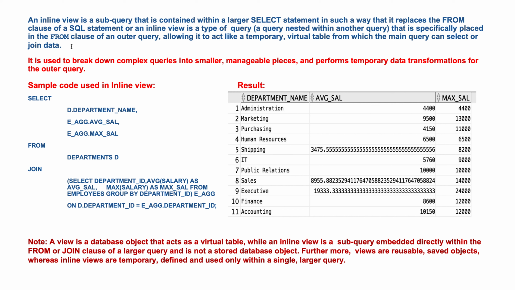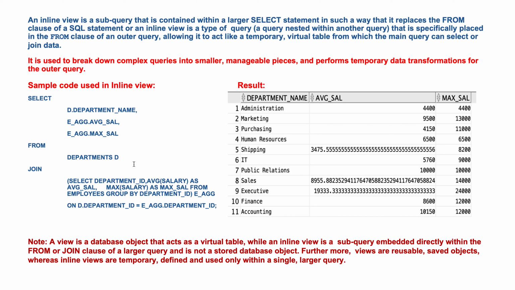Why do we use it? It is used to break down complex queries into smaller manageable pieces and performs temporary data transformation for the outer query. I am going to expand on inline view by using two tables. One is the department table, another one is the employees table.